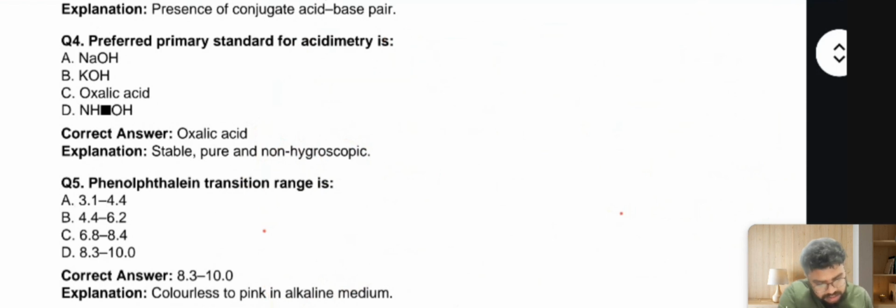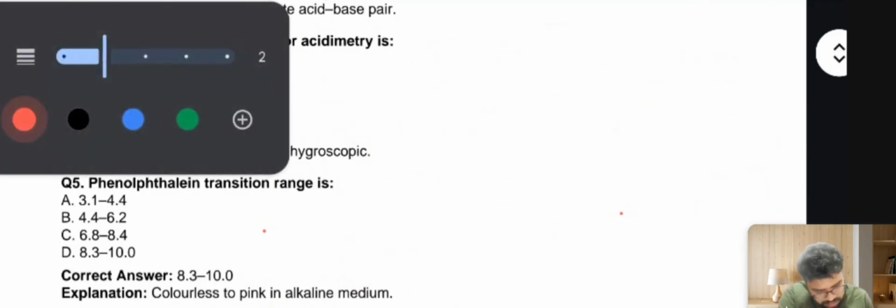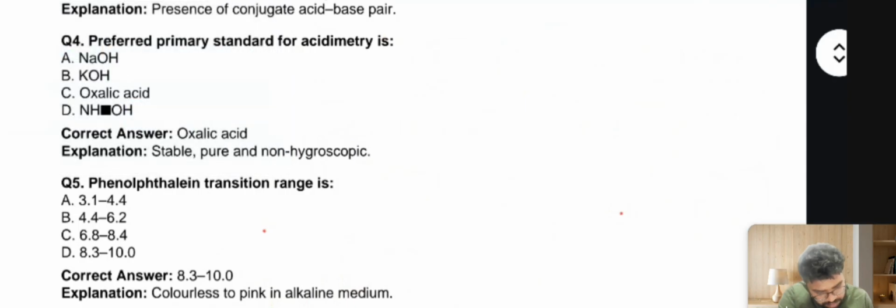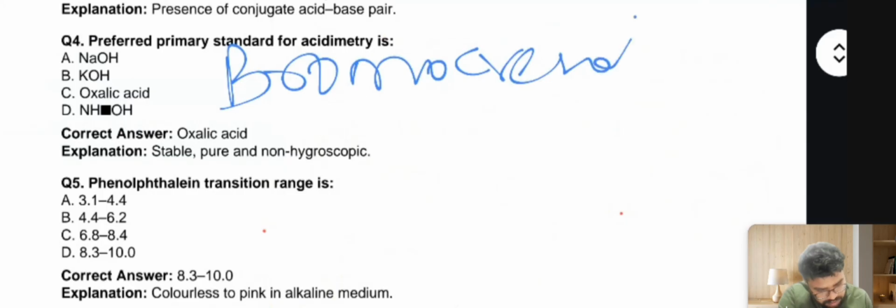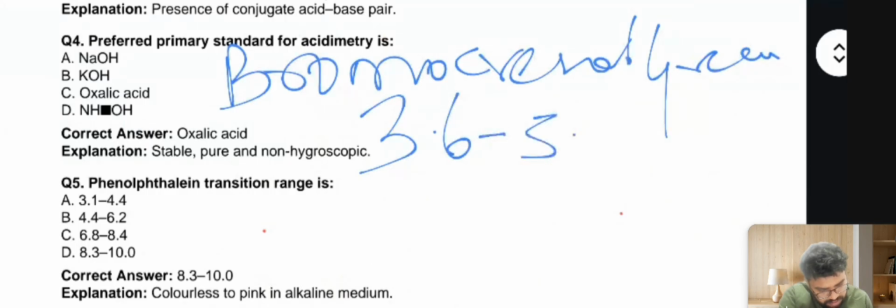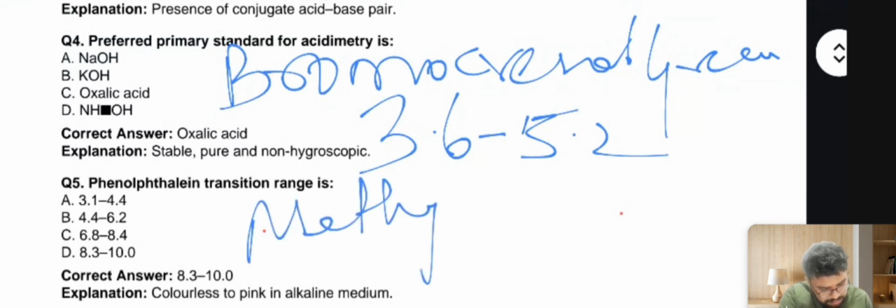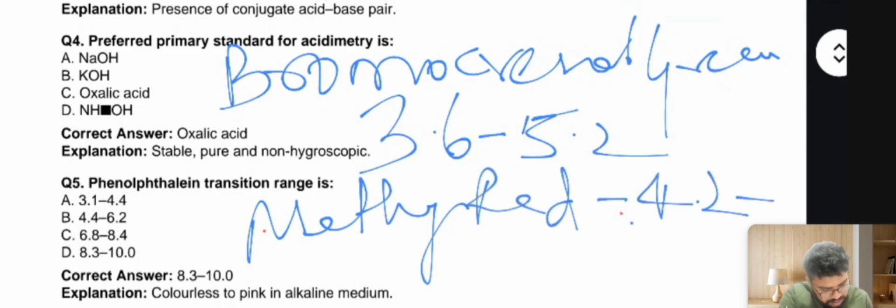Let's see another one: bromocresol green, pH range about 3.6 to 5.2. And methyl red, I think methyl red is 4.2 to 6.3.